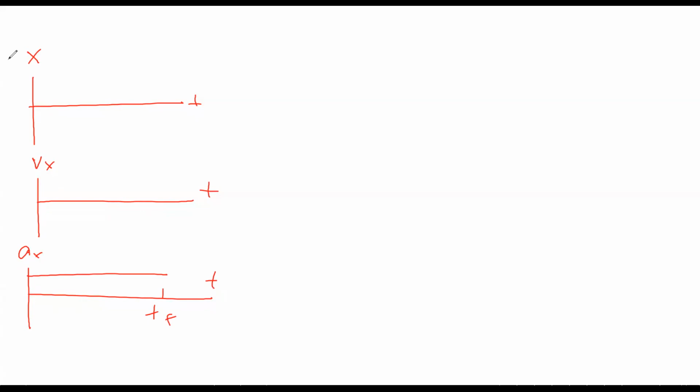What does the velocity graph look like? Well, it's negative because we're moving to the left, but it's approaching zero, and this is the same t final. It actually has a positive slope to zero.